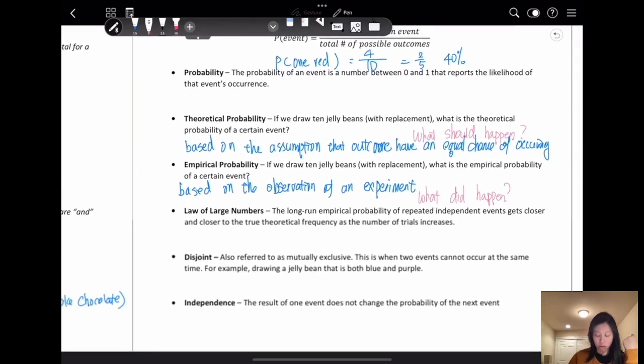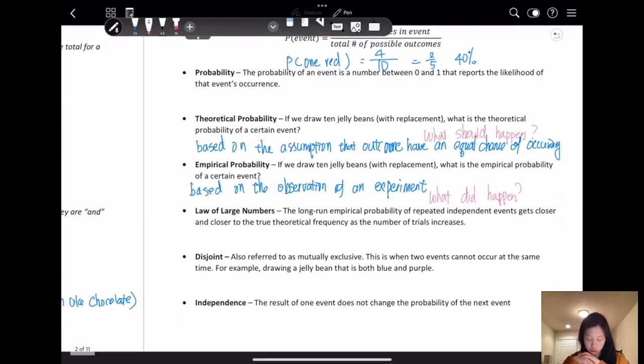Okay, so there's another important law. It's called the law of large numbers. The long-run empirical probability of a repeating independent event gets closer and closer to the true theoretical frequency as the number of trials increases. What does that mean? If you repeat the experiment many times, for example flipping coins, the first try we may have heads up 100% and tails up 0%.